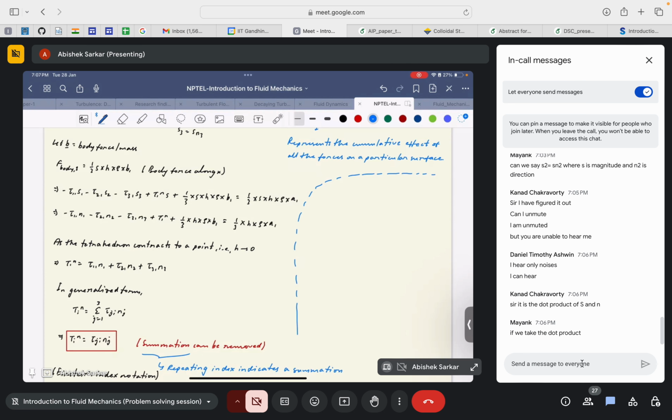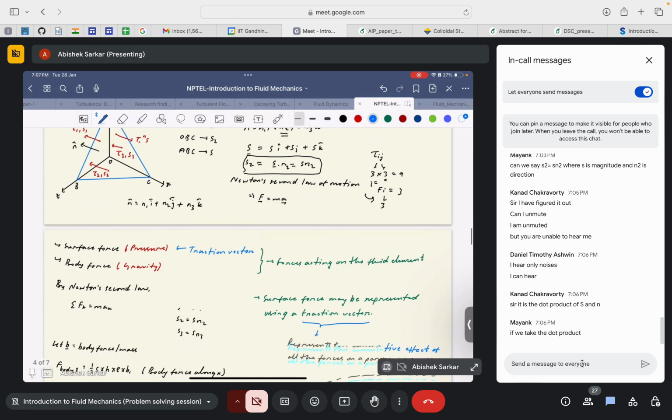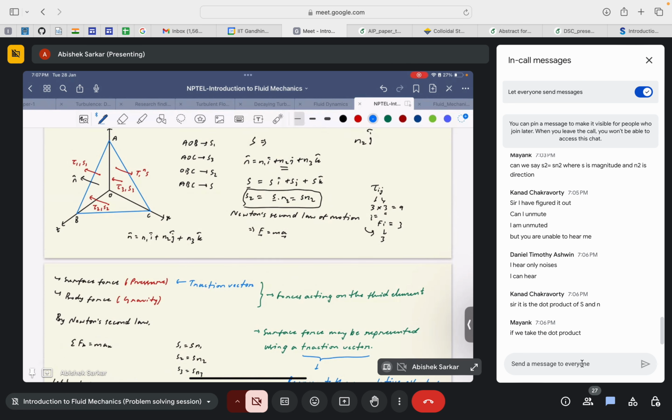If we take dot, yeah, we took dot product, right? I took dot product only, but along the y direction. Kanad, you can just write in this chat box, then we can continue.